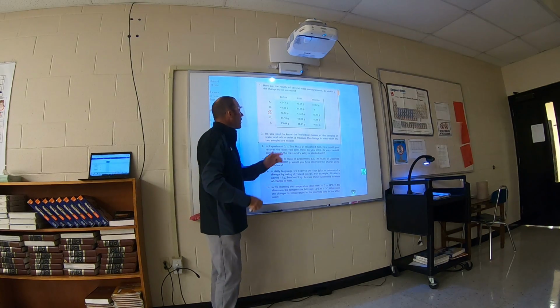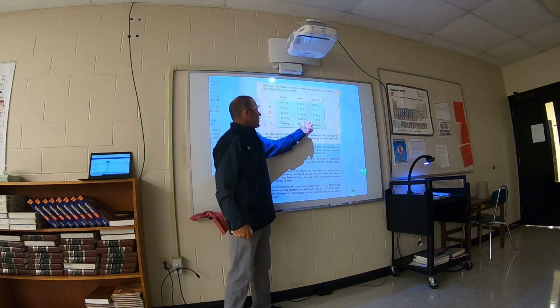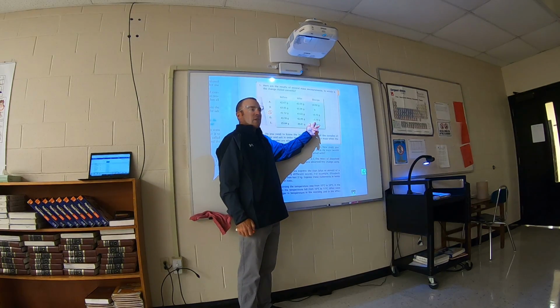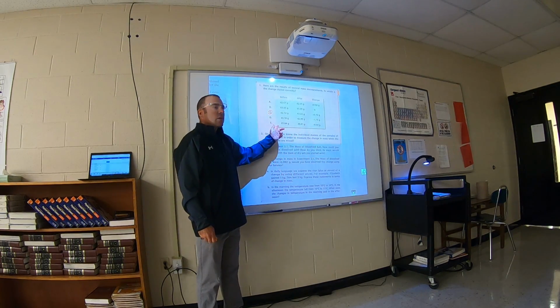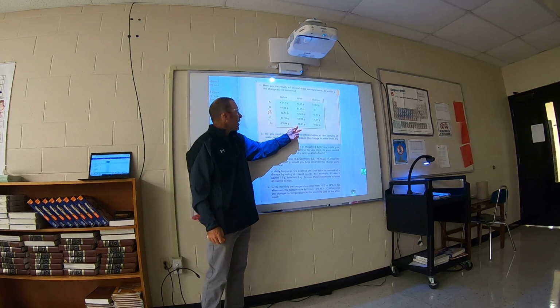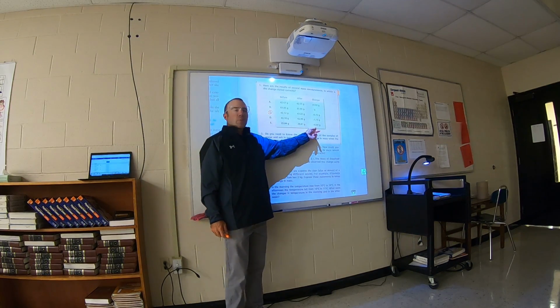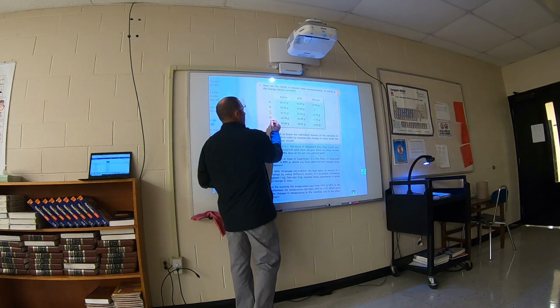Let's check the rest of them. Is 43.10 before and 42.95 after a change of negative 1.15? No, it's just negative 0.15. So that one doesn't work. And what about E? Is 25.64 before and 25.61 after a change of negative 0.03? Yeah. So E should be written as well.